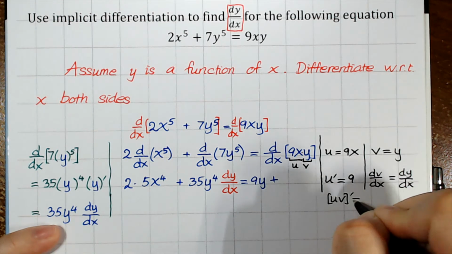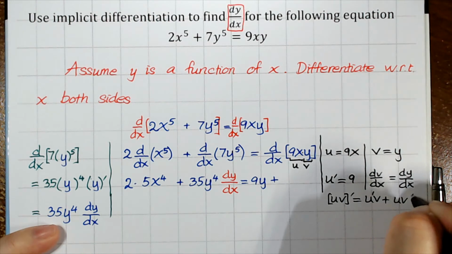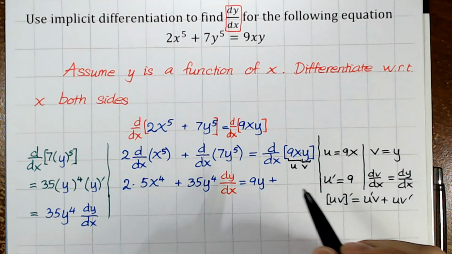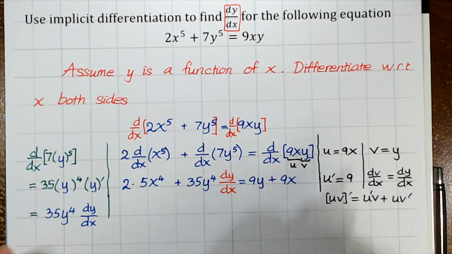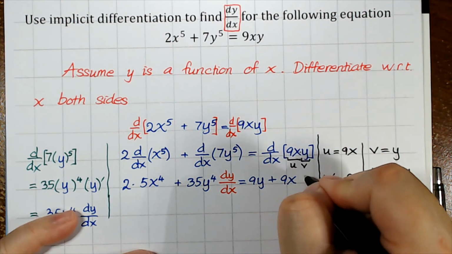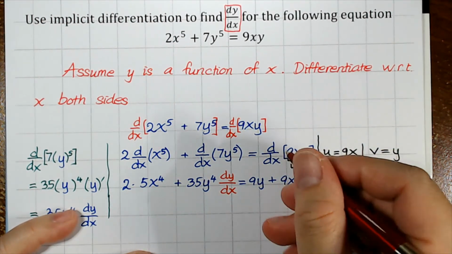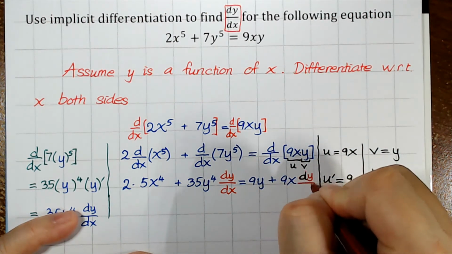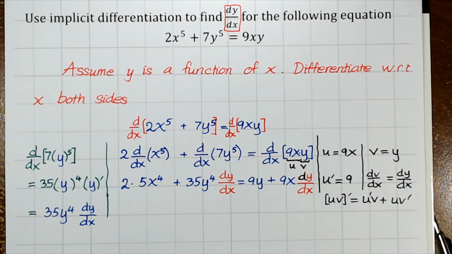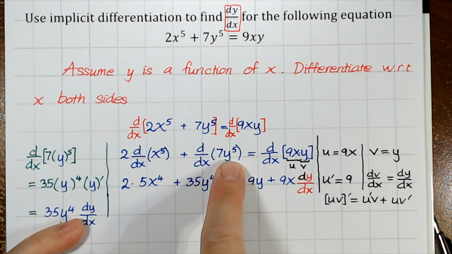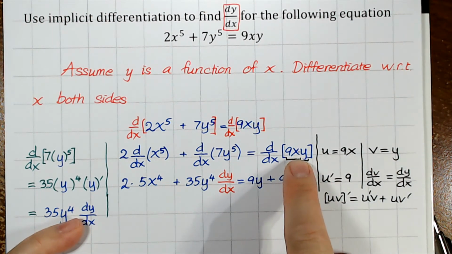The product rule, u prime v plus u v prime. Right. And then u v prime. Put this in red. Right. So if we have y in it, there should be a chain rule, and y is a function of x. So that's the product rule.